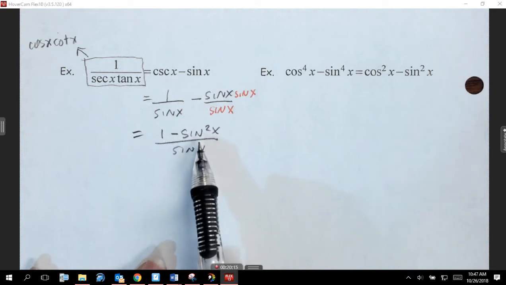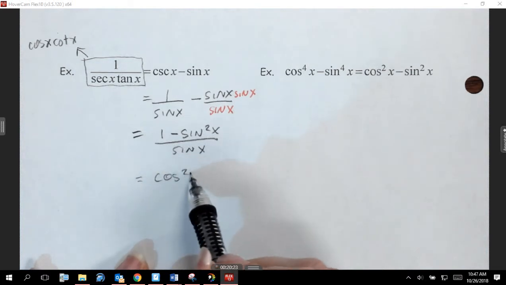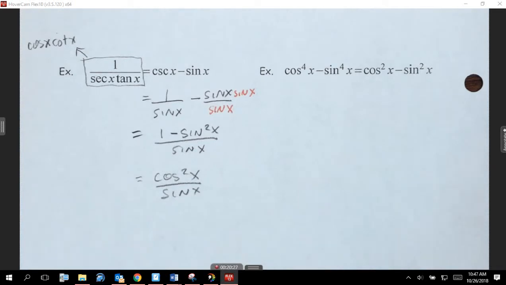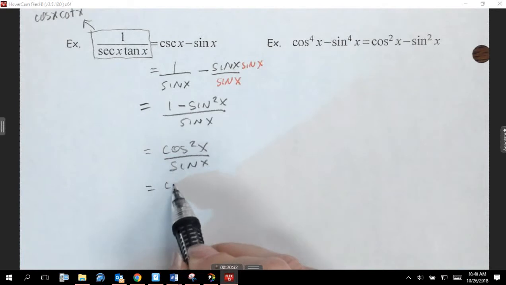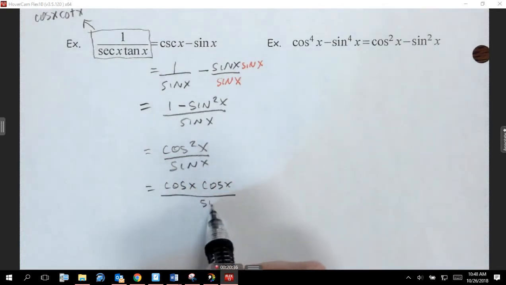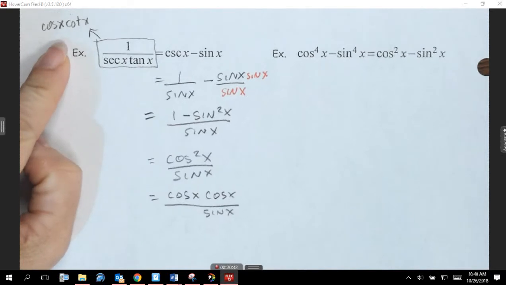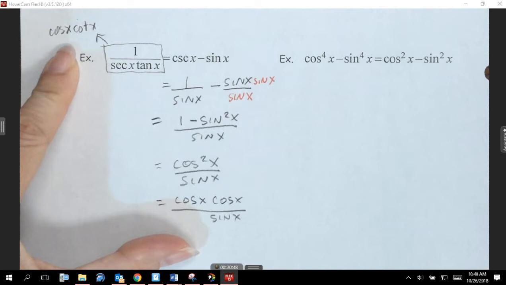However, 1 minus sine squared x, by the Pythagorean identity, is cosine squared x. So if I separate that cosine to be cosine x over sine x, and then I go back to what I was thinking earlier, do we see a path?